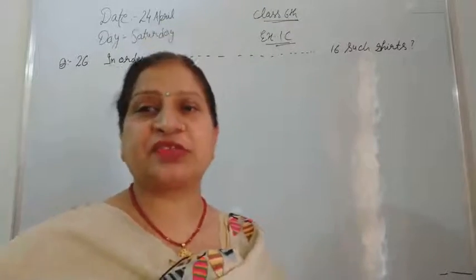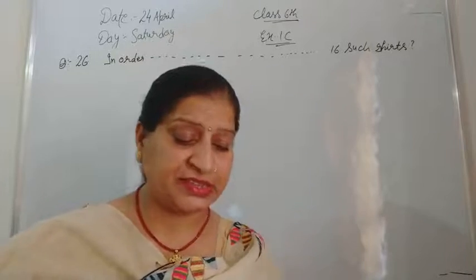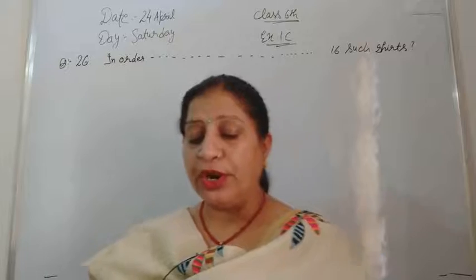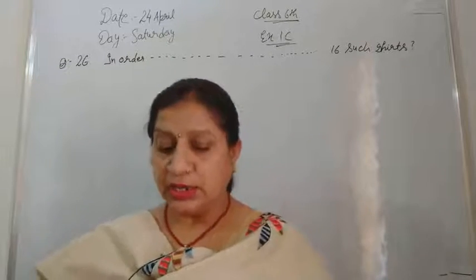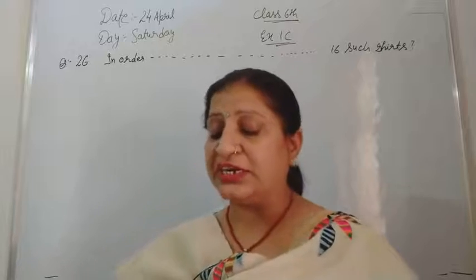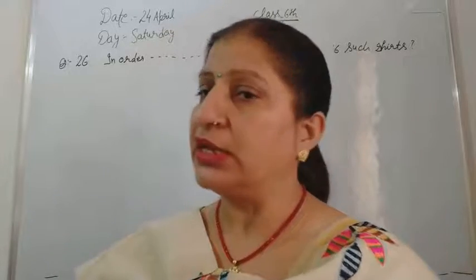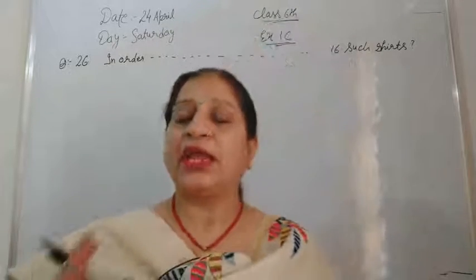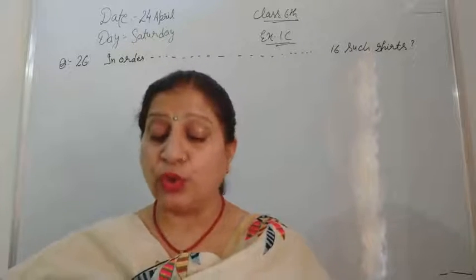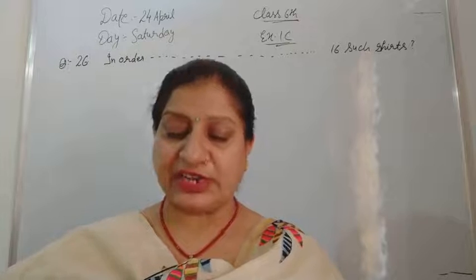Now let us start question number 26, and in this question the statement is that in order to make a shirt, a length of 2 meter 75 centimeter of cloth is needed. It means that एक शर्ट बनाने के लिए you need cloth of 2 meter 75 centimeter.